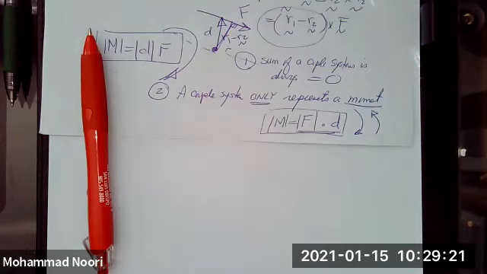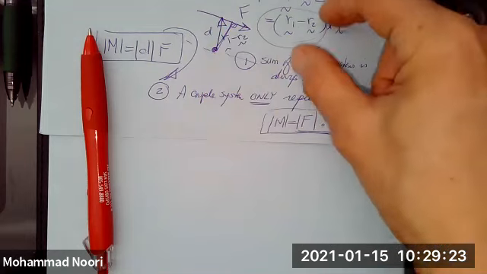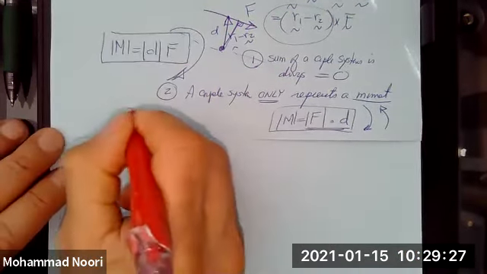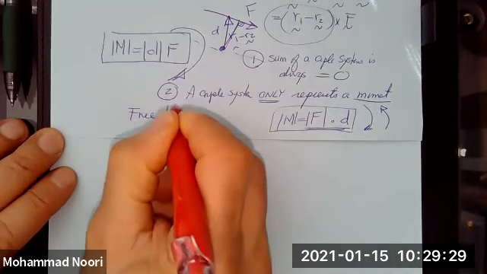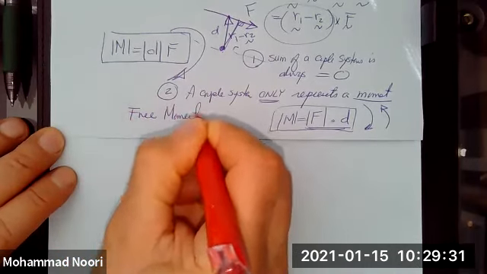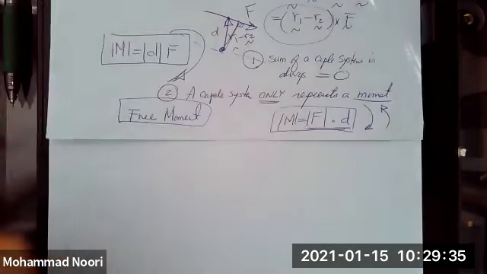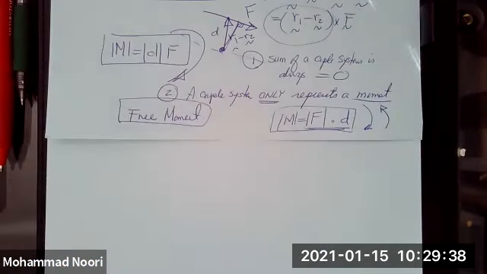It has everything to do with the distance between the two and their magnitude. For that reason, we call this a free moment, that is free of the location that these forces are applied. Okay? Any questions?